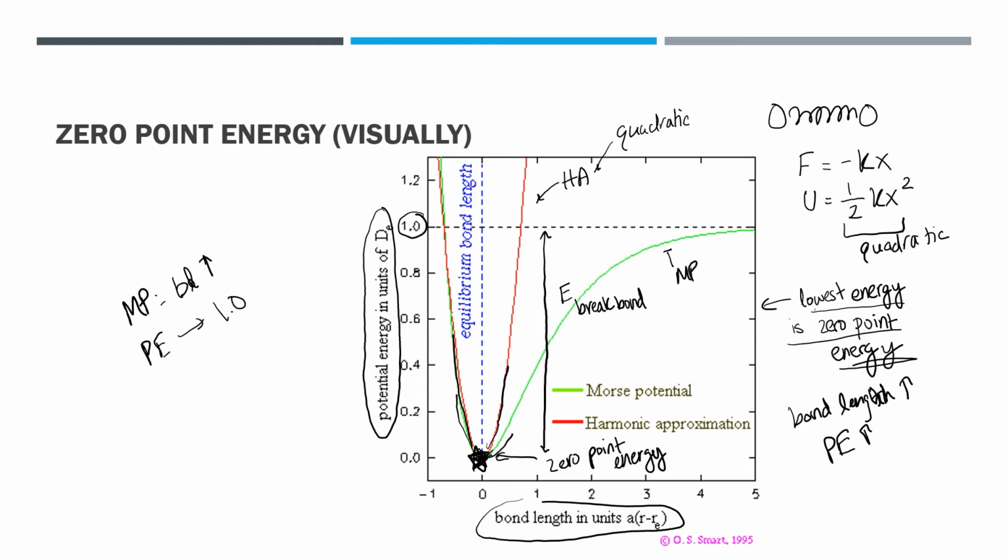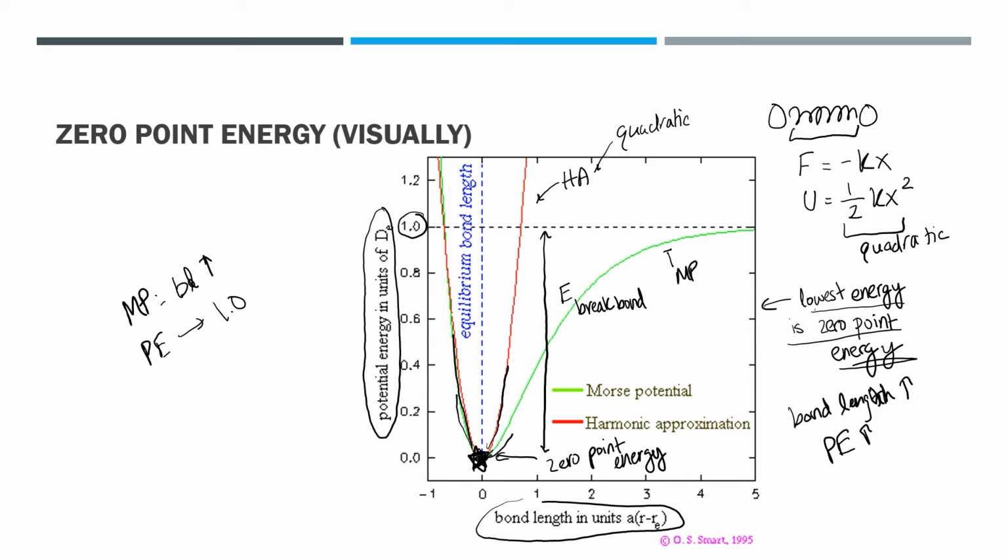As I pull my atoms farther and farther apart, the actual spring becomes sort of weaker because there's not as much of an attraction between the atoms. The electronic effects, the attractions between the protons and the electrons that hold this bond together, are not as strong. So as I pull the atoms apart, I'm eventually just going to break the bond.